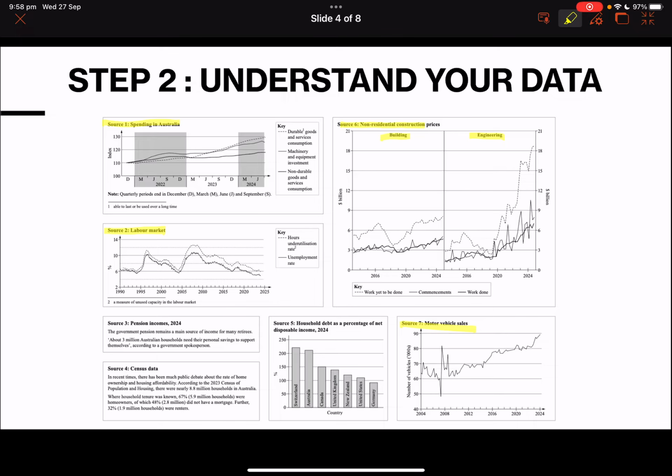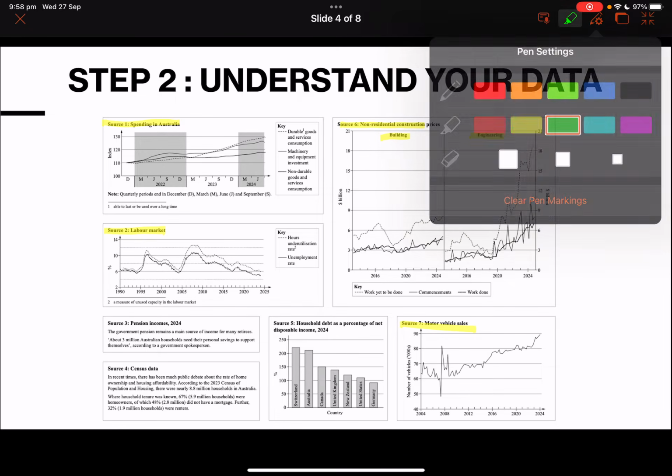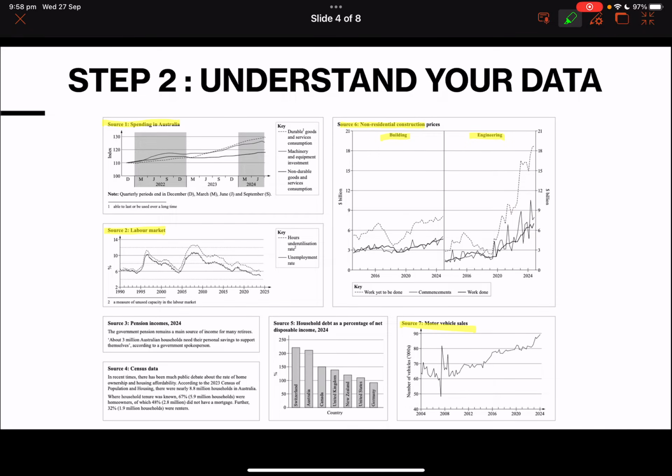We then have some other data here, which I'm going to go to green for, which shows up around the perspective of households. Okay, we're starting to get a bit of a picture of where our economy is at this point. Then we've got to ask, what's our perspective of households? So we can see that there's pensioners involved here in green, source 3. Personal savings to support themselves.